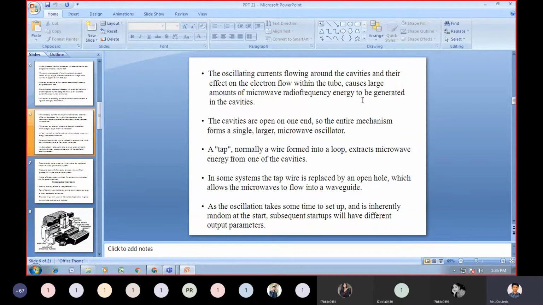As the oscillation takes some time to set up and is inherently random at the start, subsequent startups will have different output parameters.